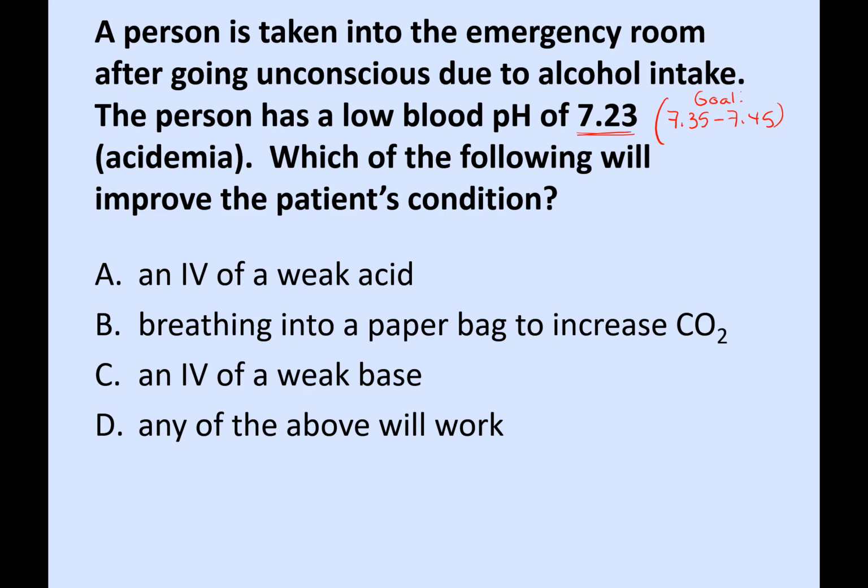So you want to give them some base. You want to increase the pH. So you don't want to give them more acid. Obviously, you can't do all of the above.